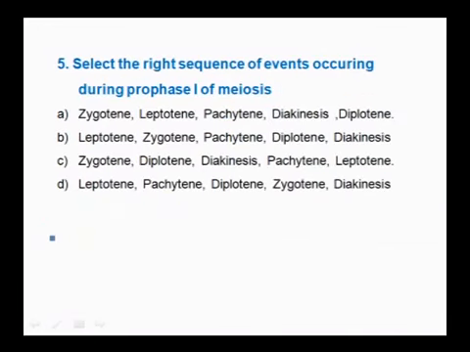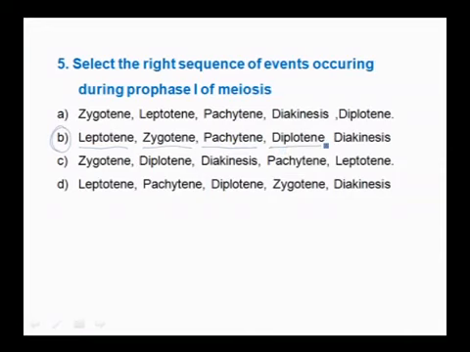Fifth question. Select the right sequence of events occurring during prophase 1 of meiosis. The right arrangement is option B. First you can see leptotene, then zygotene, then pachytene, diplotene and diakinesis. During leptotene you can see the formation of chromomeres on the condensing chromosomes. Zygotene is a stage where the homologous chromosomes come together or pair up by a process called synapsis. Pachytene is a stage during which the non-sister chromatids undergo crossing over.